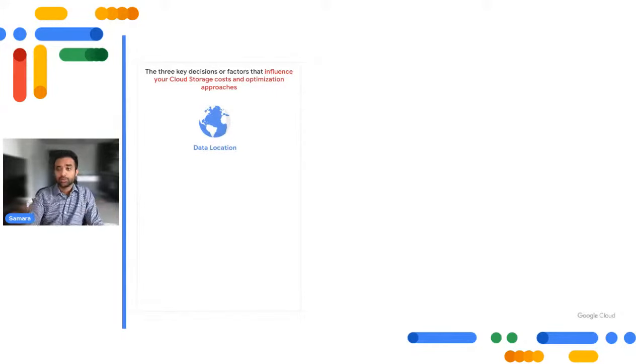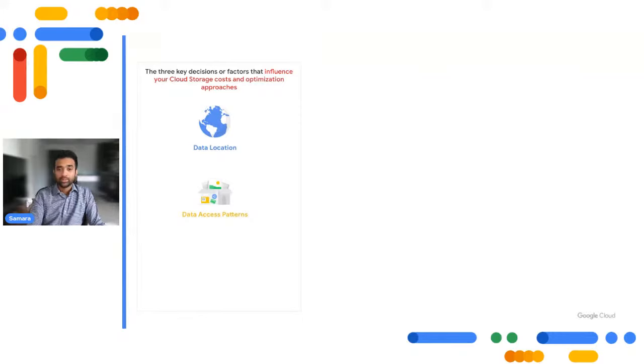So this is about picking the appropriate location type, because the location type that you pick will influence your costs. And picking the right location is also very important as it can help with minimizing your costs without sacrificing your application performance. The next factor is data access patterns.